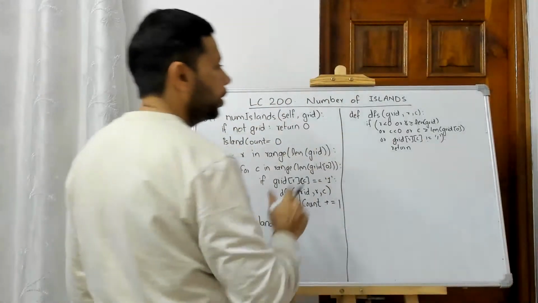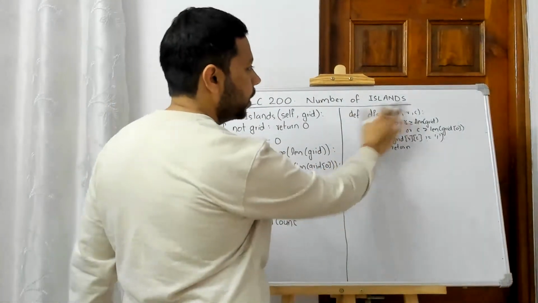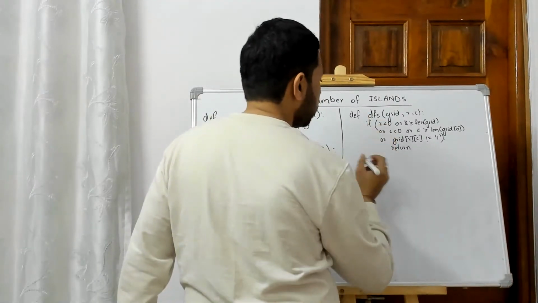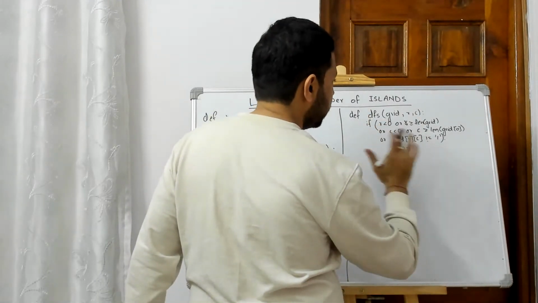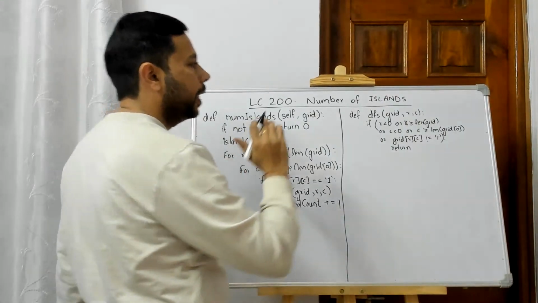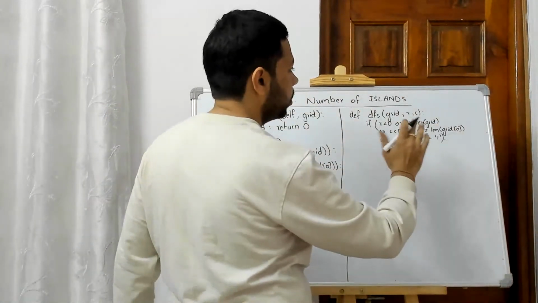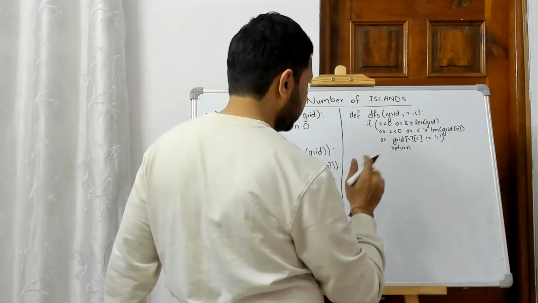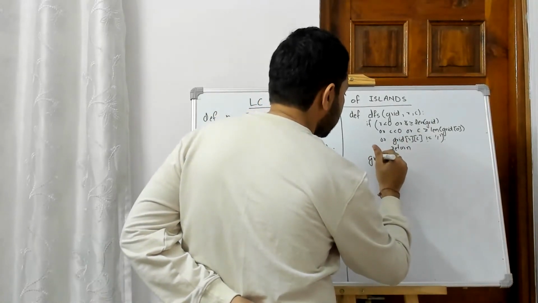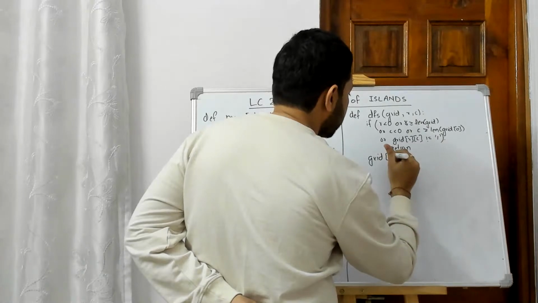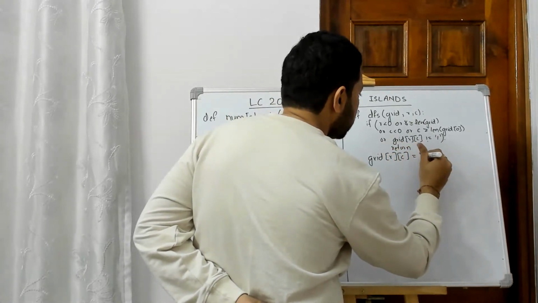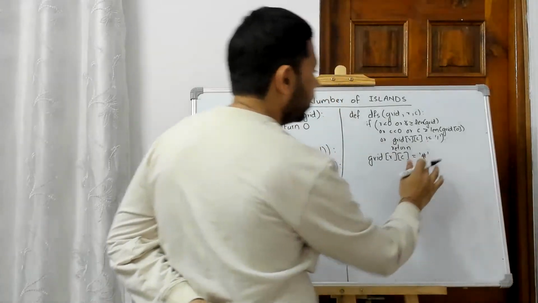Okay, you return here. This is an invalid case, you take care of that. This is checking. Then once you have checked that it is a cell with land and it is within the boundaries of the grid, you mark this as visited, and the way to mark is grid of RC is equal to hash. So this will never be calculated again.